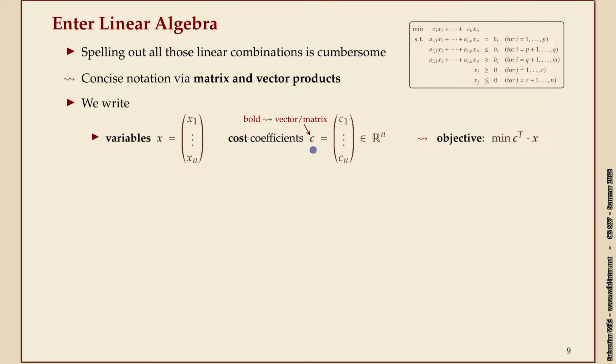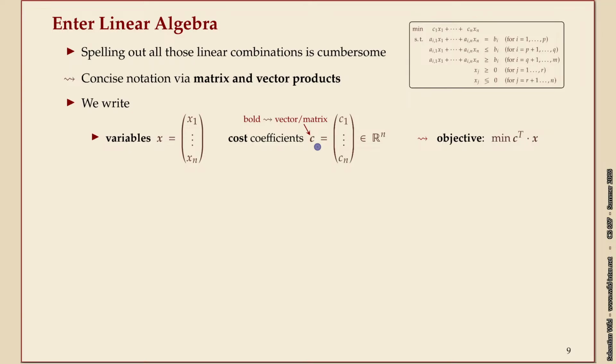But for the introductory parts, I was diligent with doing it. So we have the variables, and instead of x1 to xn, I'll write the column vector, bold x. For the cost function, we have the coefficients, that's another vector c. They have the same dimensions, and they're both column vectors.